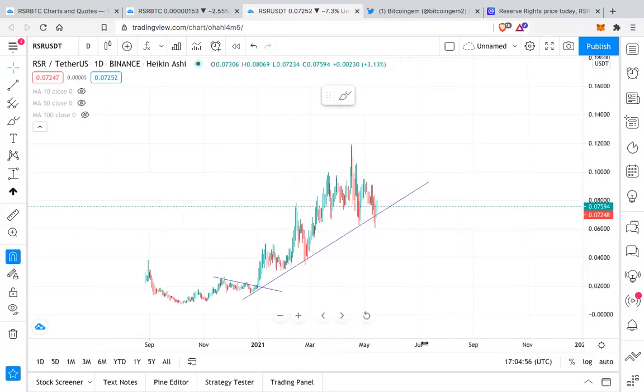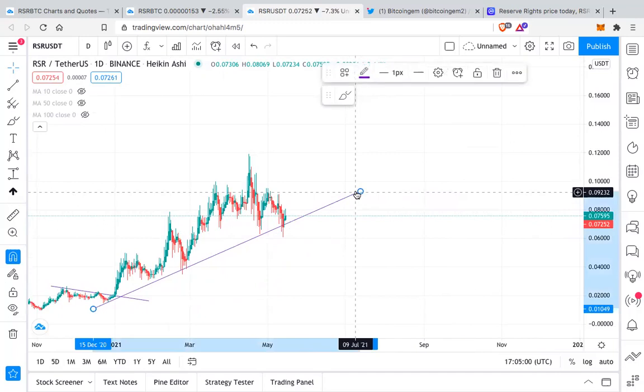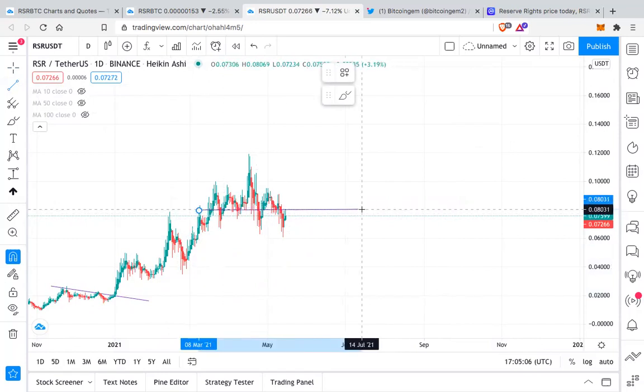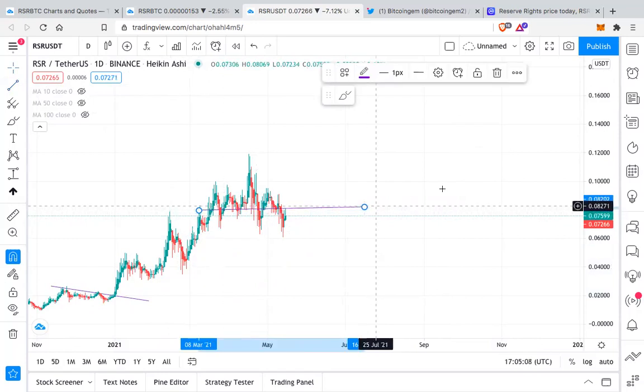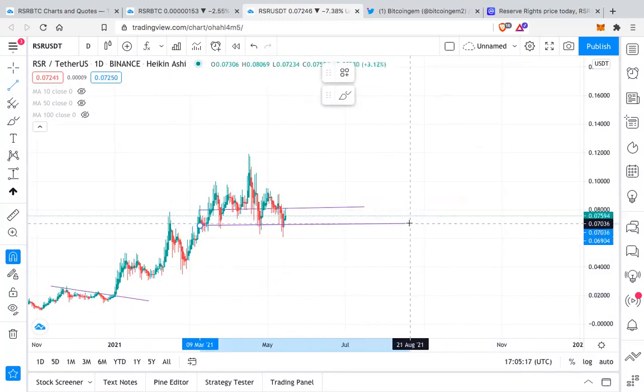And if we look at the important levels, what we can clearly see is this level, which is right now acting as resistance, is of importance. This is holding well.